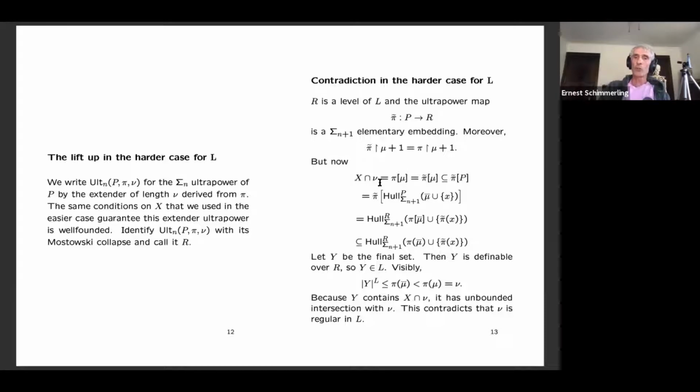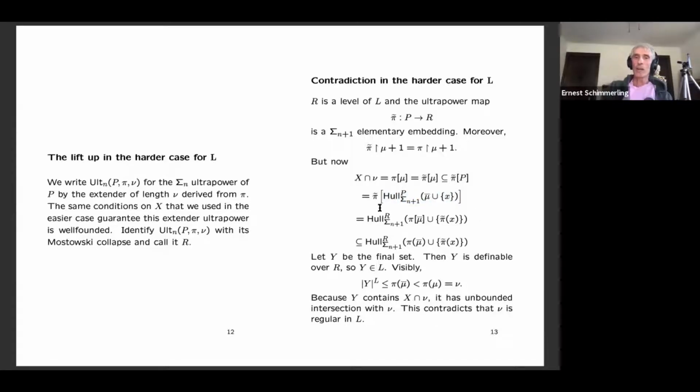X intersect nu is equal to the range, so the image of mu under pi, which is the same as the image of mu under pi tilde, which is contained in the image of P under pi tilde, but P is this hull.